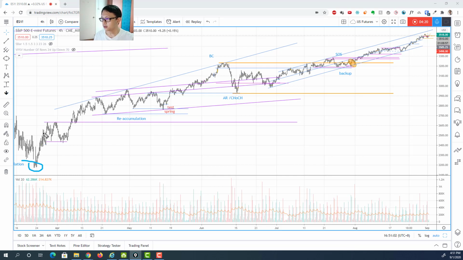If we take a look here at all the reactions until it hit this biggest down wave, then what do we have? In terms of reaction, this is the biggest reaction that we have ever seen from this uptrend. So subsequently we just entered into a consolidation mode, a trading range.